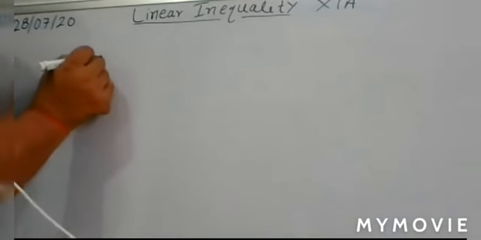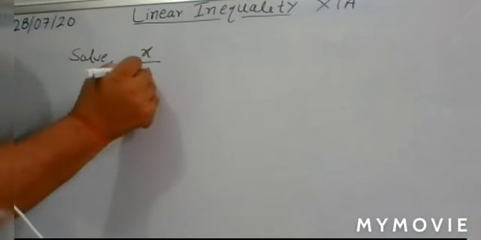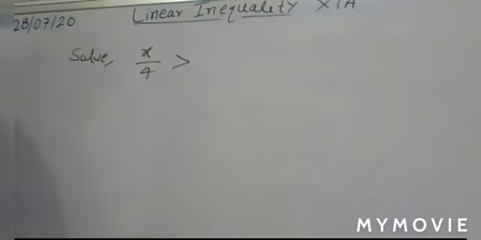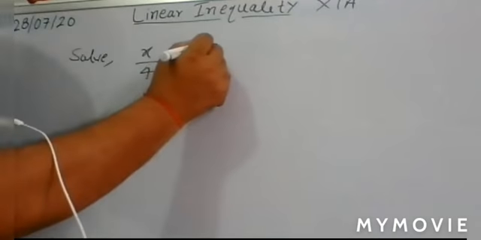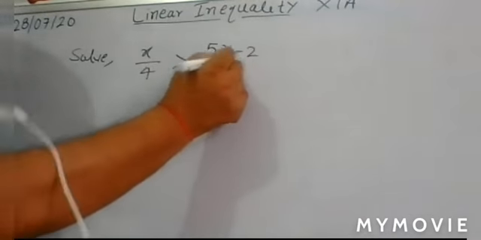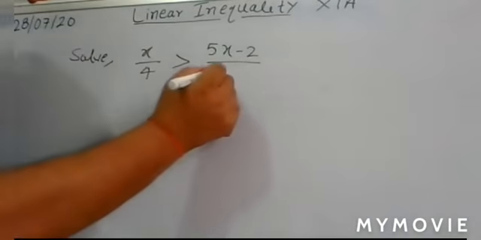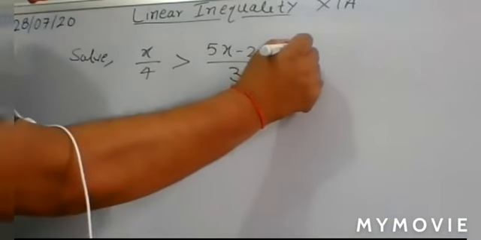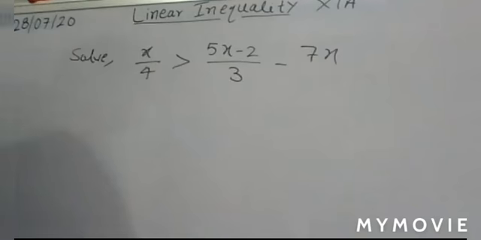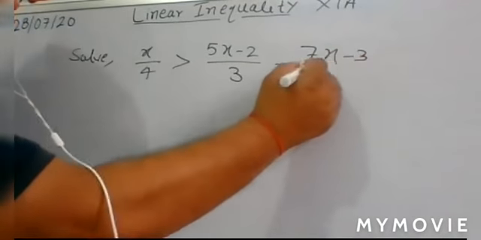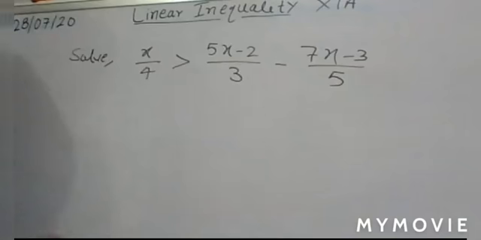Solve x/4 greater than (5x - 2)/3 minus (7x - 3)/5.